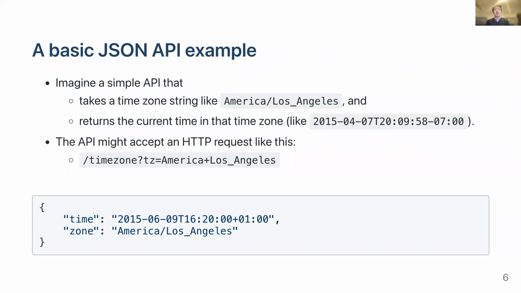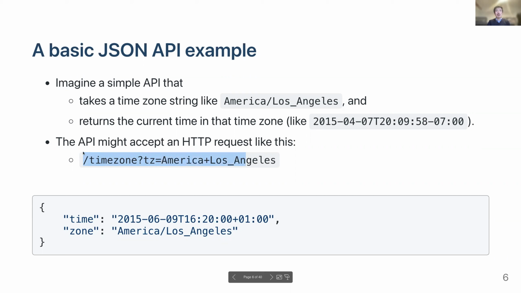So the actual API request, when you're accessing the API or sending a request to the API, before the slash, you will type in the server address. I don't know, maybe www.time.timezone.com, and then followed by a query string like this.